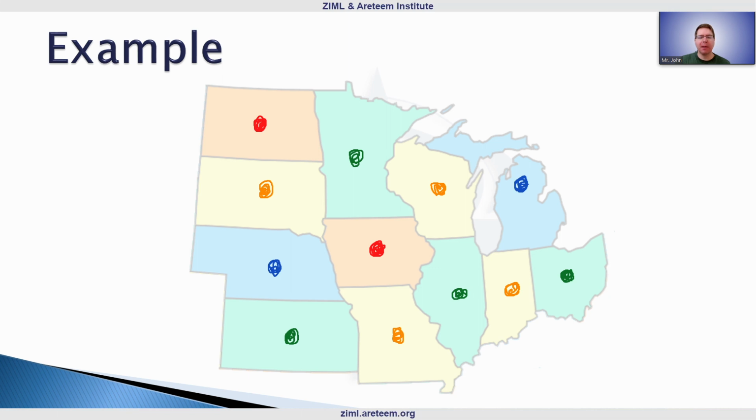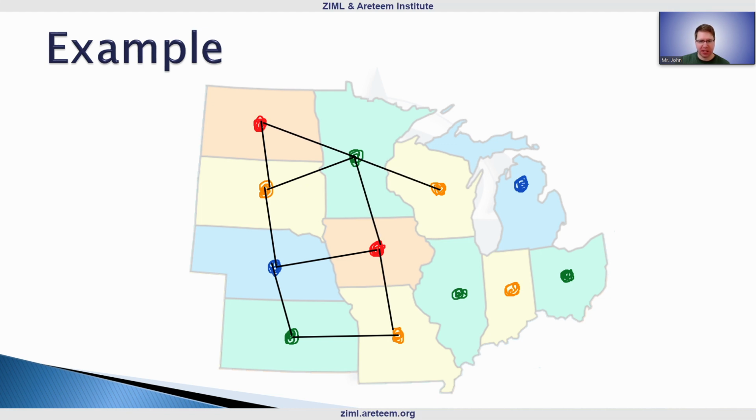And then remember, the edges are telling us when a state is connected to another state. So if we look at all of our states, I'm not really going to be naming them here, but every state just needs an edge for whatever state it's connected to. So anytime they share a bit of a border, we have to connect those states. I'm going to try to be complete with how I draw this, but if I miss any, you can let me know in the comments below.